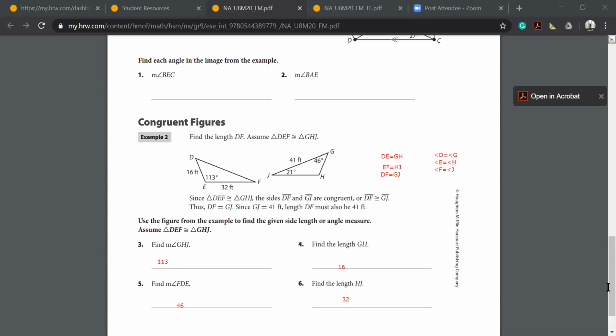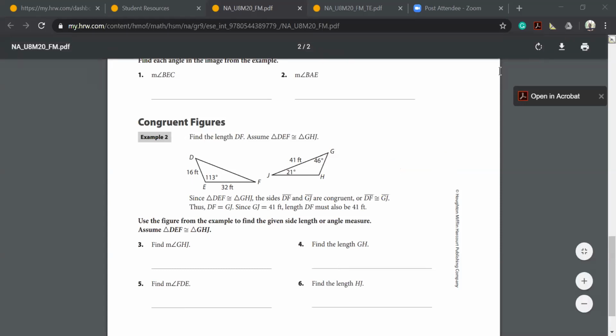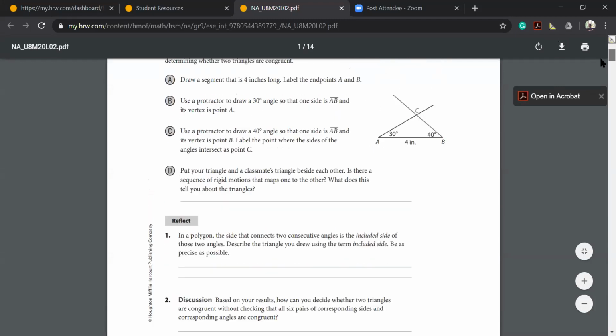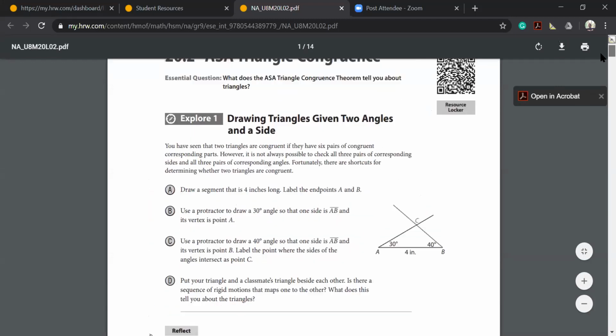Okay, now let's begin our new lesson, lesson 20.2. Girls, we are beginning with lesson 20.2, which is called ASA Triangle Congruence, and we are on page 1001. We reached 1000.